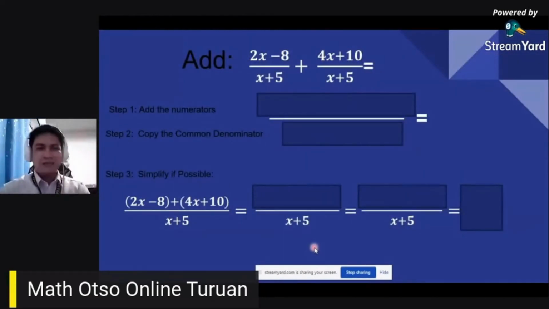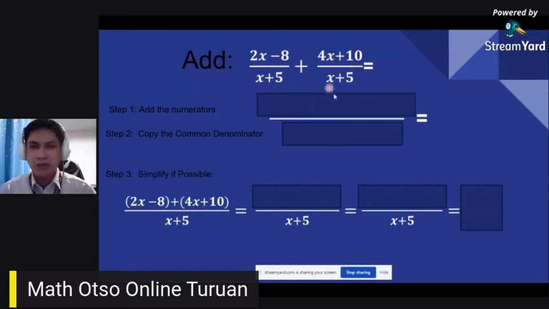Add. Take a look at the given: 2x minus 8 all over x plus 5, plus 4x plus 10 all over x plus 5. Now, these are rational expressions with a common denominator, x plus 5.